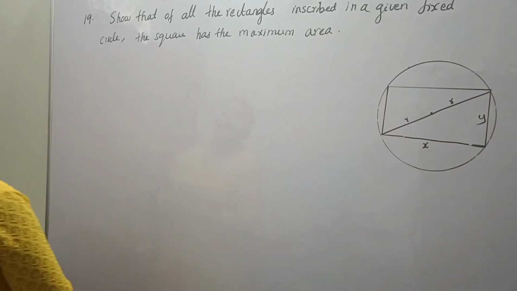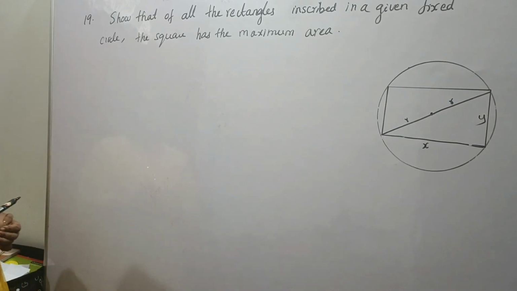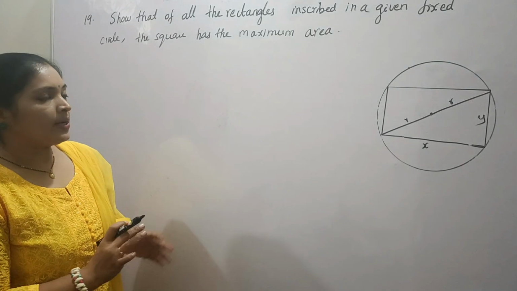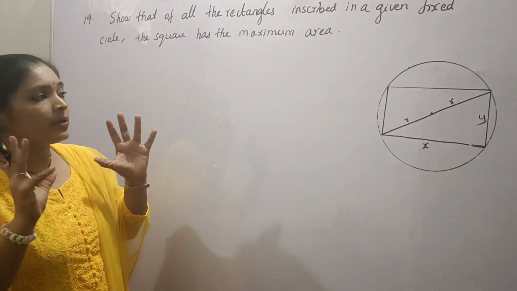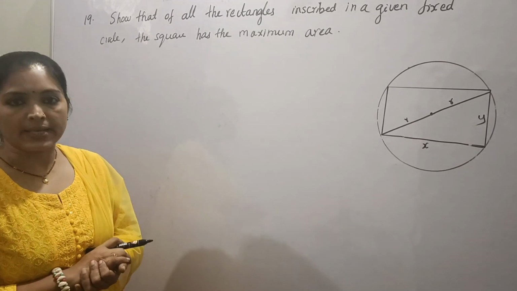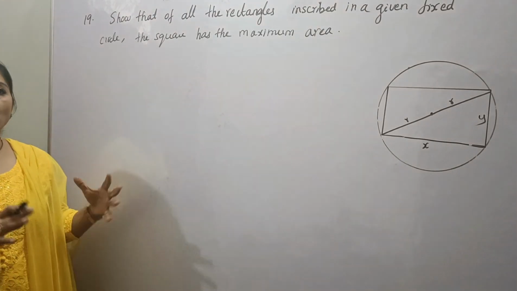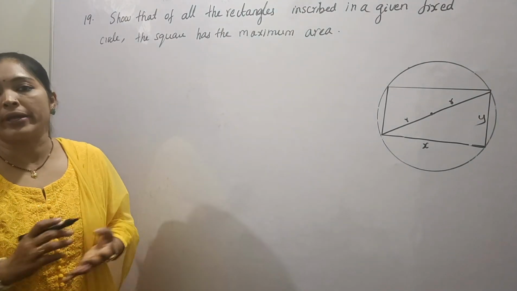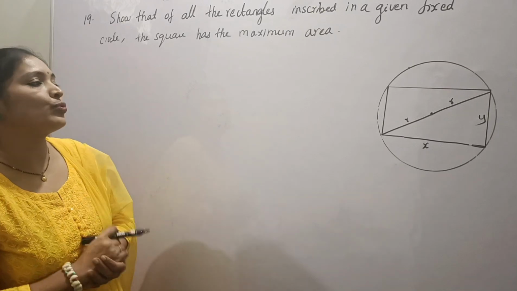Prove that of all the rectangles inscribed in a given fixed circle, the square has the maximum area. See here, first of all, let's take a rectangle inscribed in the circle. Then we have to show that when it has the maximum area, it will be a square, not a rectangle. That we have to prove.